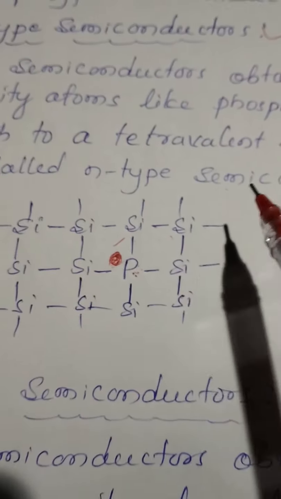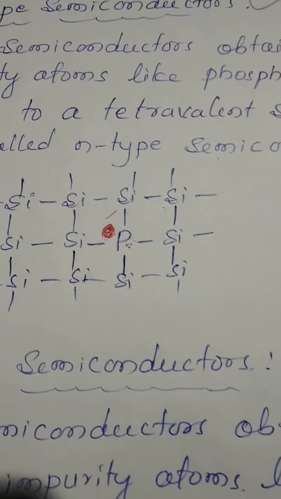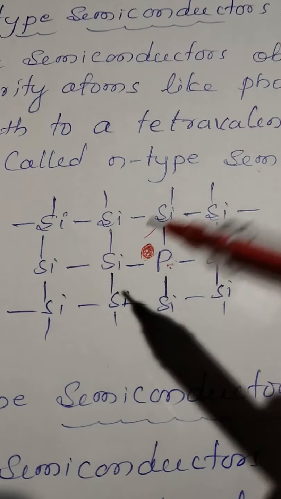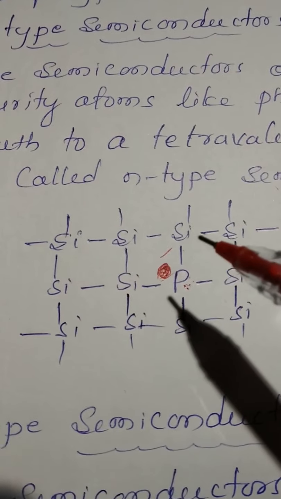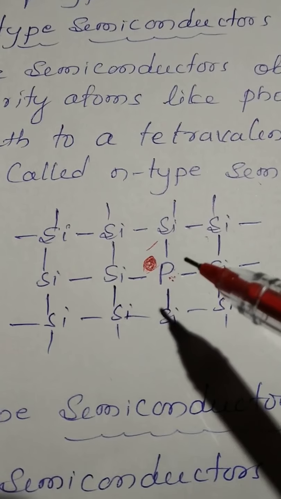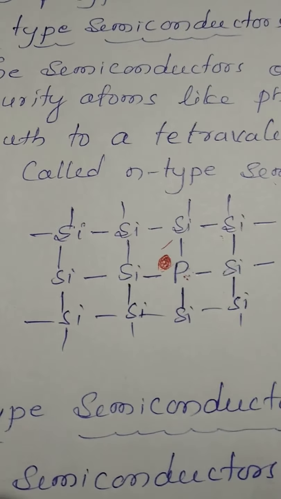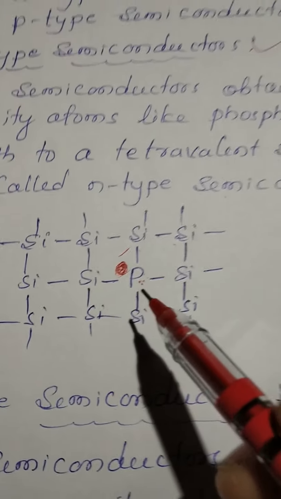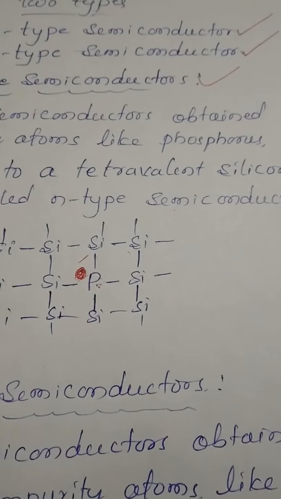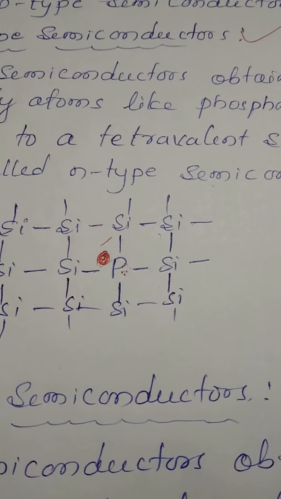Just see here, it is a pure silicon crystal. Already you know that silicon has 4 valence electrons, used for the formation of 4 covalent bonds with neighboring silicon atoms. Whereas group 15 elements have 5 valence electrons, phosphorus having 5 valence electrons.